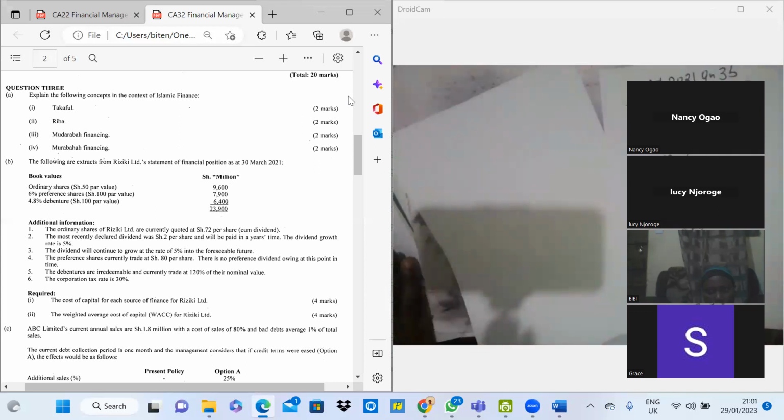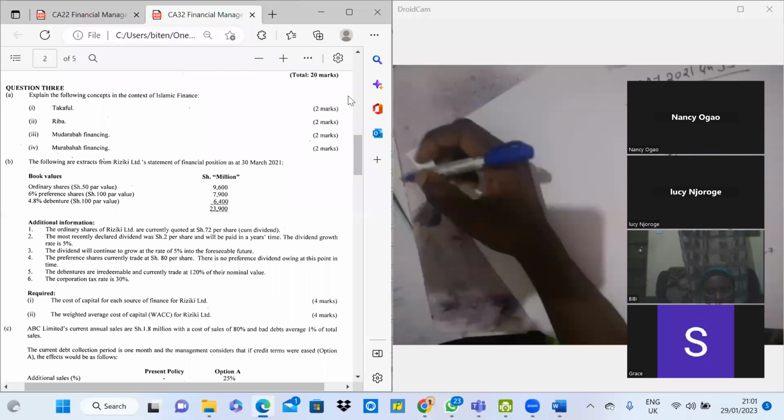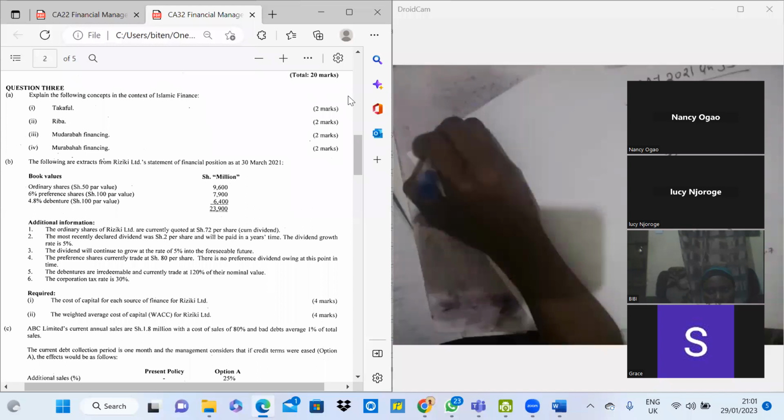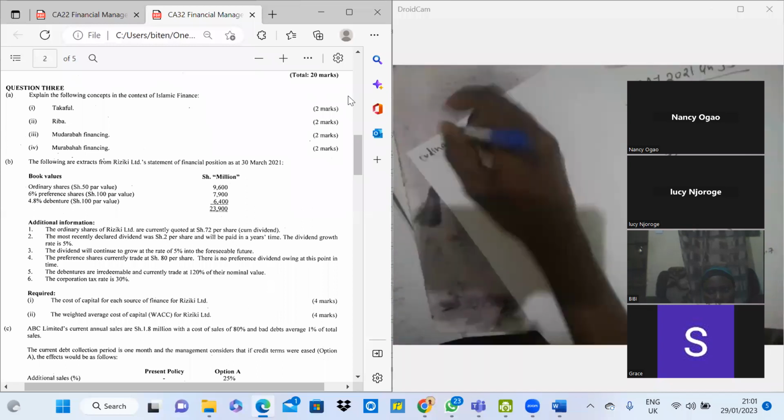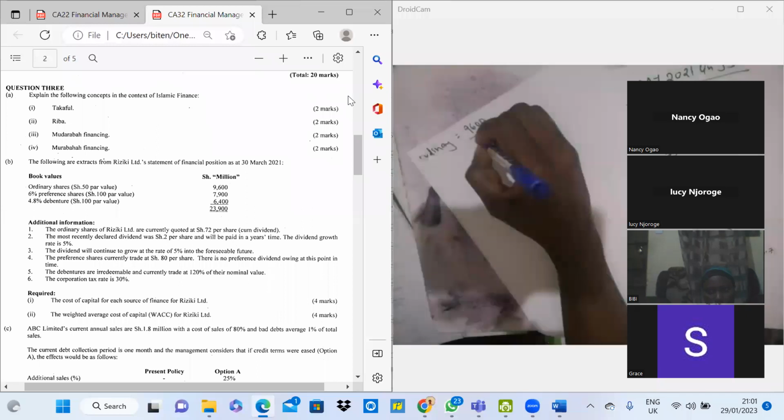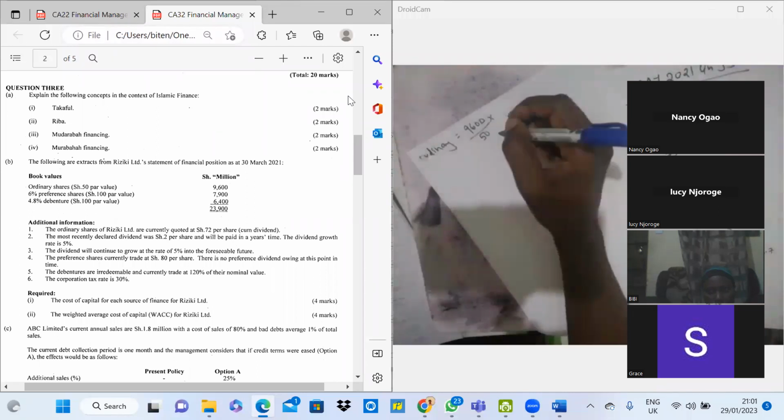After we've gotten the component cost, now to get our WACC, we get the weights. So we say to get the weights, we use the optimum capital, the optimal structure. So we start with the ordinary shares. We say you take the 9,600, you divide by the par value, you multiply by the market value.